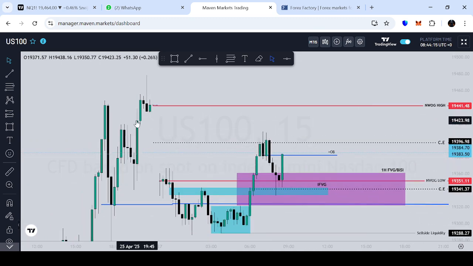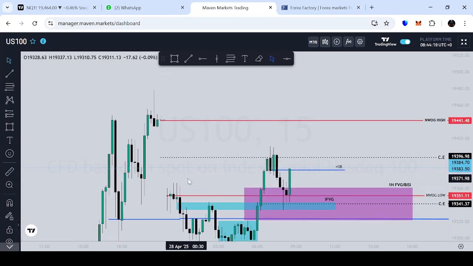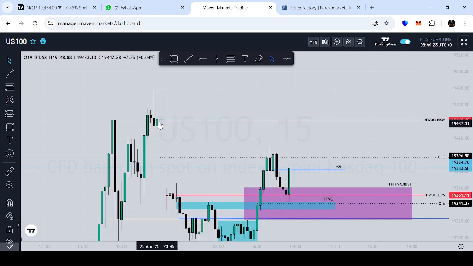Just wanted to highlight the new week opening gap so you could study it and master it. Whenever you see a gap like this, especially on Monday, Monday new week, you know that this kind of gap is a new week opening gap.